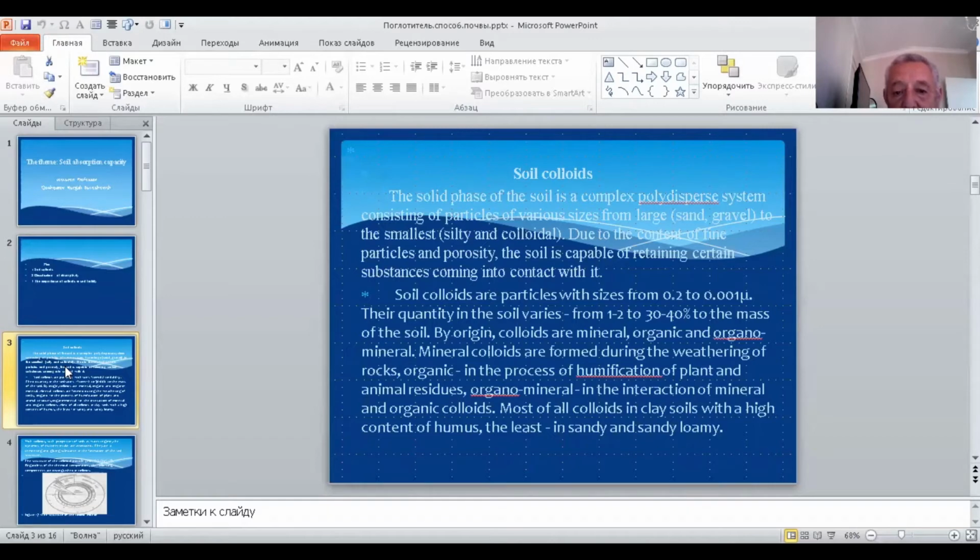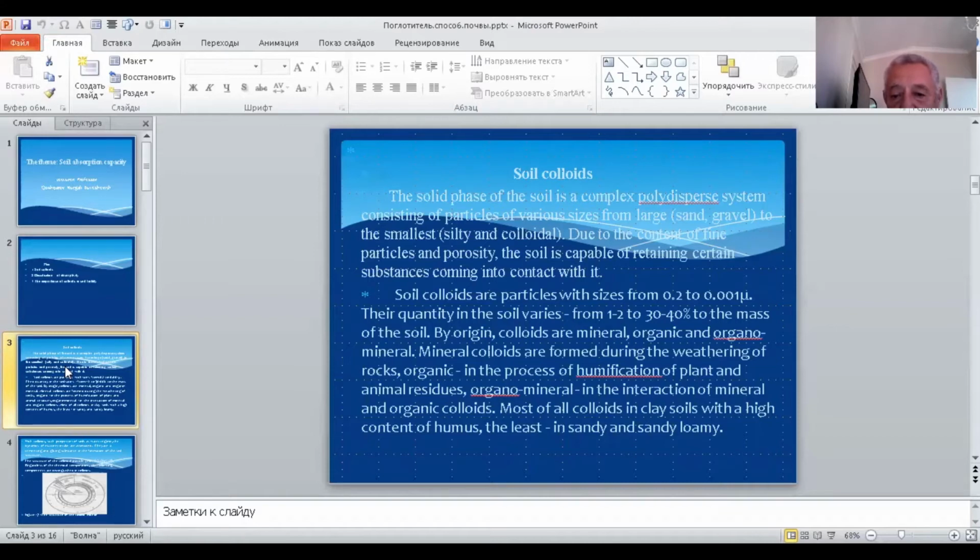By origin, colloids are mineral, organic, and organomineral. Mineral colloids are formed during the weathering of rocks. Organic ones form in the process of humification of plant and animal residues.